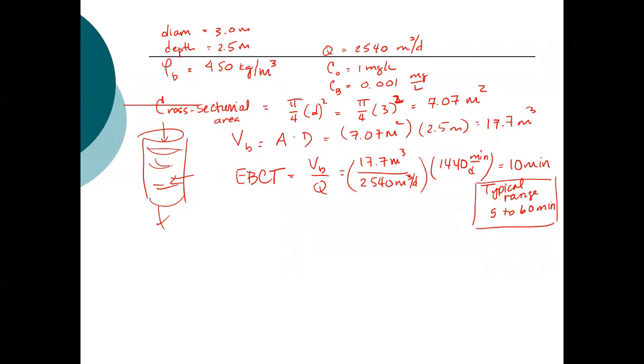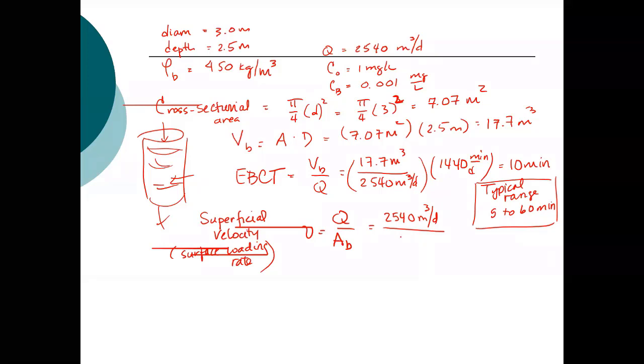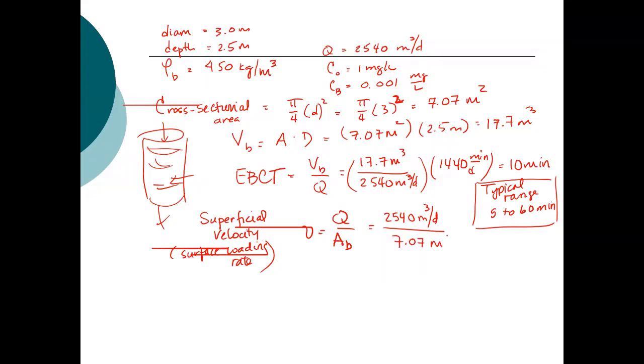The next term that's often used is what's referred to as the superficial velocity or the surface loading rate. This is not the velocity of the adsorption zone. This is simply Q over the cross-sectional area. So it is 2,540 cubic meters per day divided by the cross-sectional area.